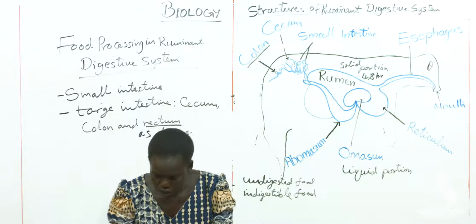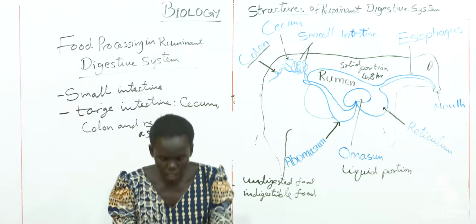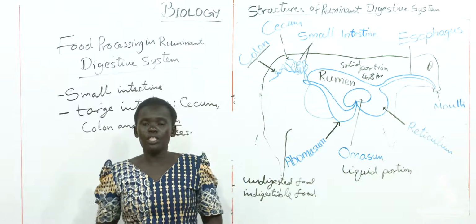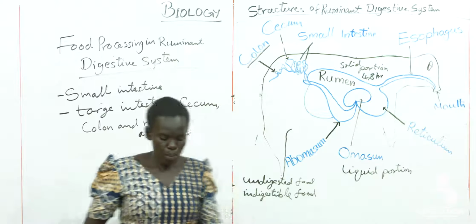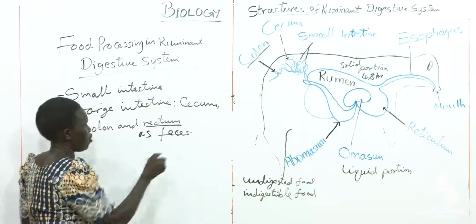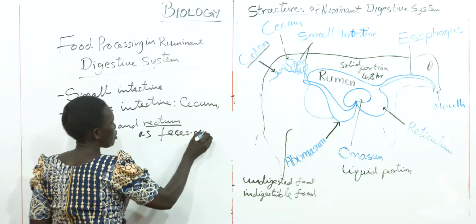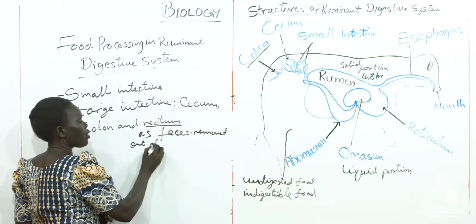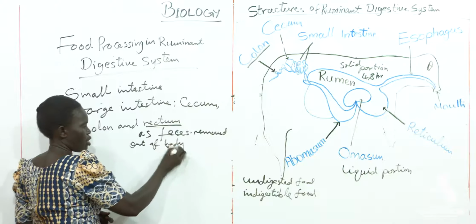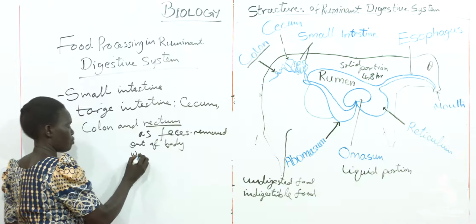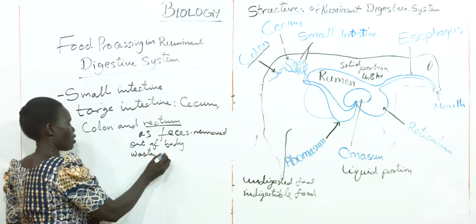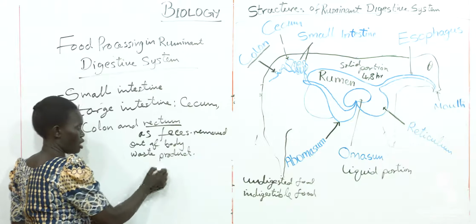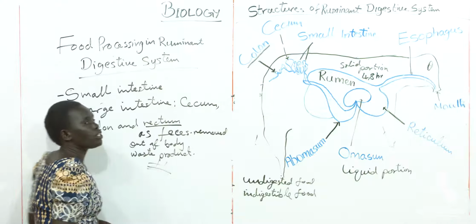So this is how the food is processed, because these feces now will be removed out of the body. This is a waste product, then will be sent out of the body.